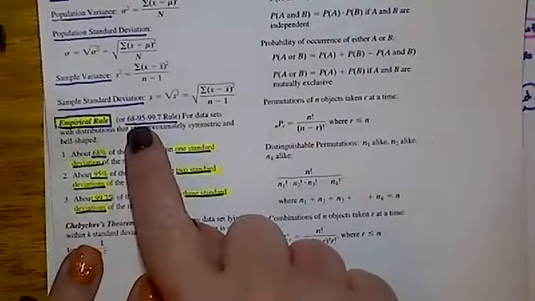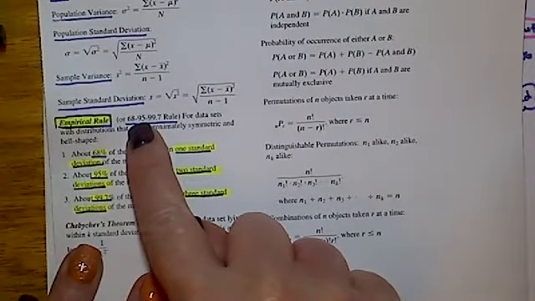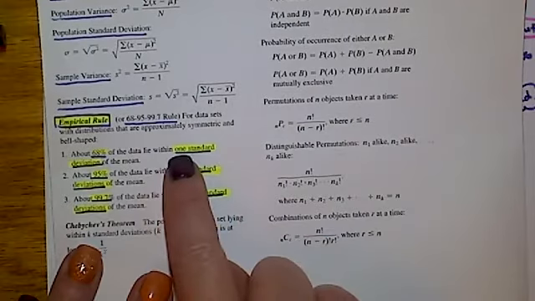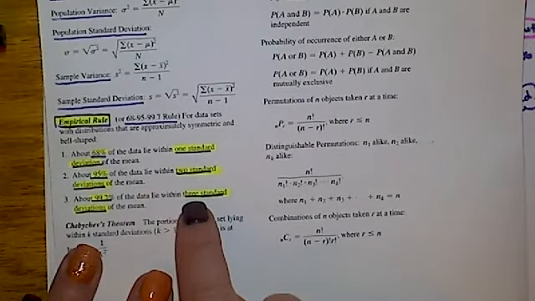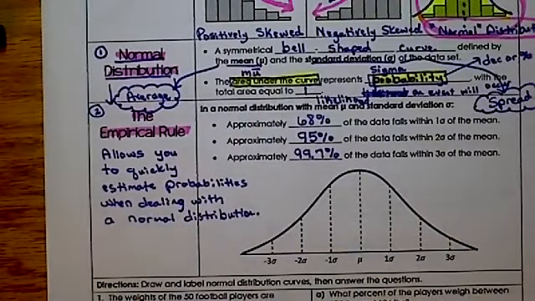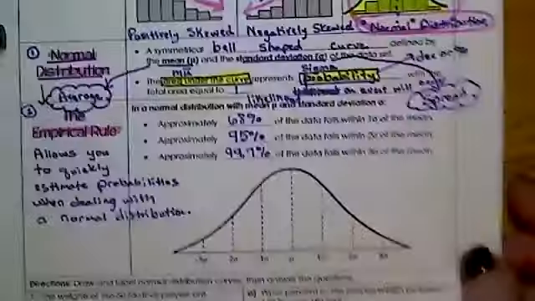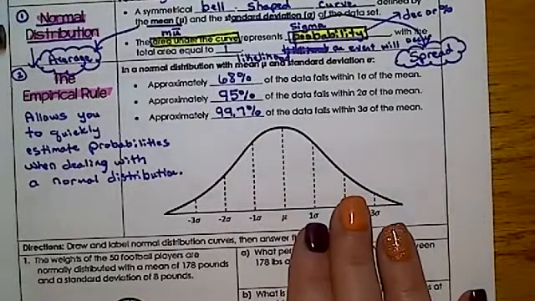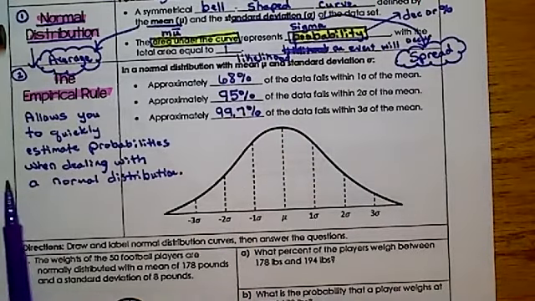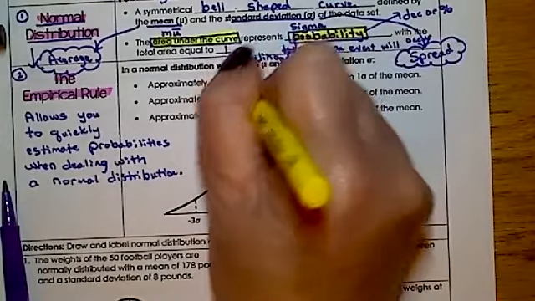So right here with that rule, it tells you 68, 95, 99.7. Tells you the 1, the 2, and the 3. So that's the part you can use. But you have to know how to draw this curve, and you cannot use this, okay? You can use that on the formula sheet, which were these numbers.